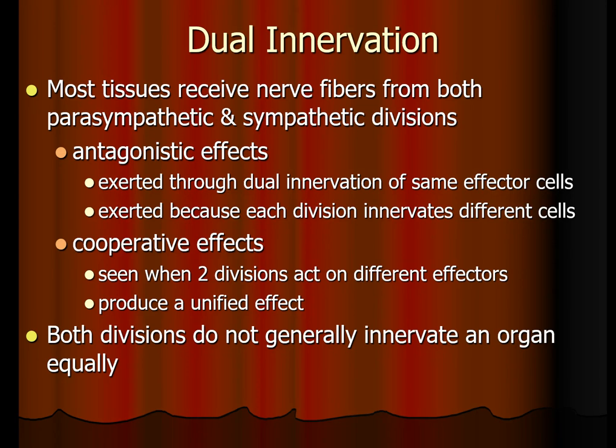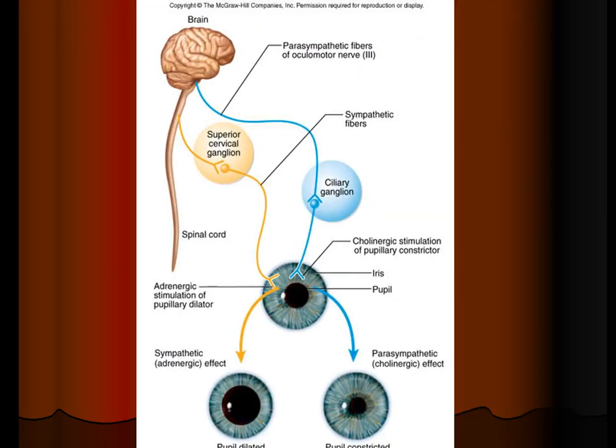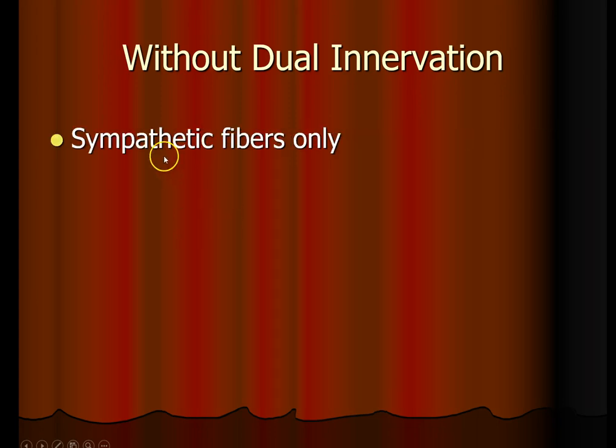Okay, sympathetic, fight or flight. Think of fight or flight as that might be life or death. So that's the one they're going to have. If they don't have both, they'll have sympathetic. Okay? Oh, I don't care about this. That's the pupillary dilating, constricting, and so on. So without dual innervation, sympathetic fibers only will be what they have.